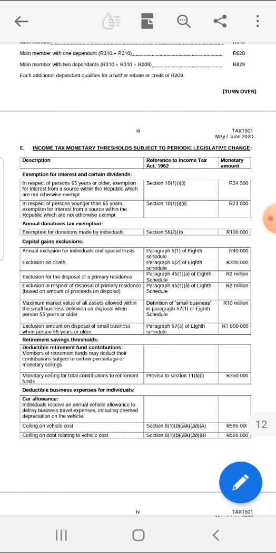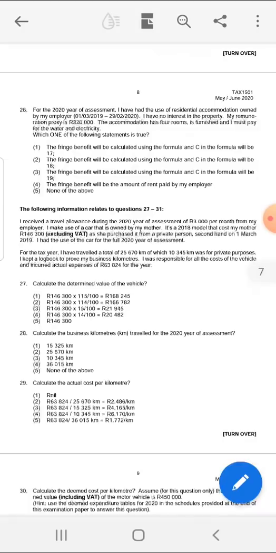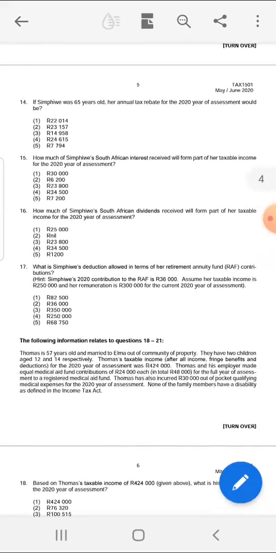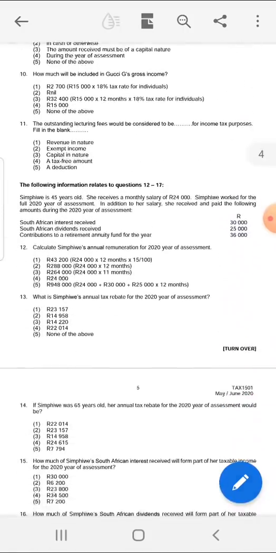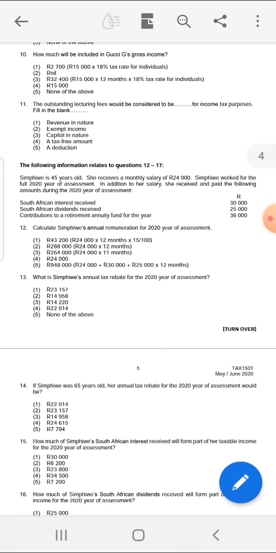So let's check which amount we are given in our information. Okay, South African interest received is 30,000. On this 30,000, we'll just deduct 23,800. 30,000 minus 23,800 gives us 6,200.